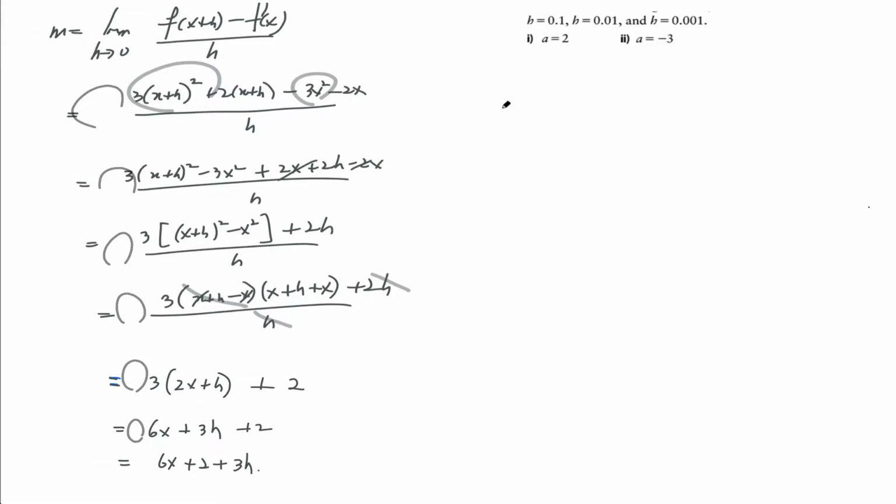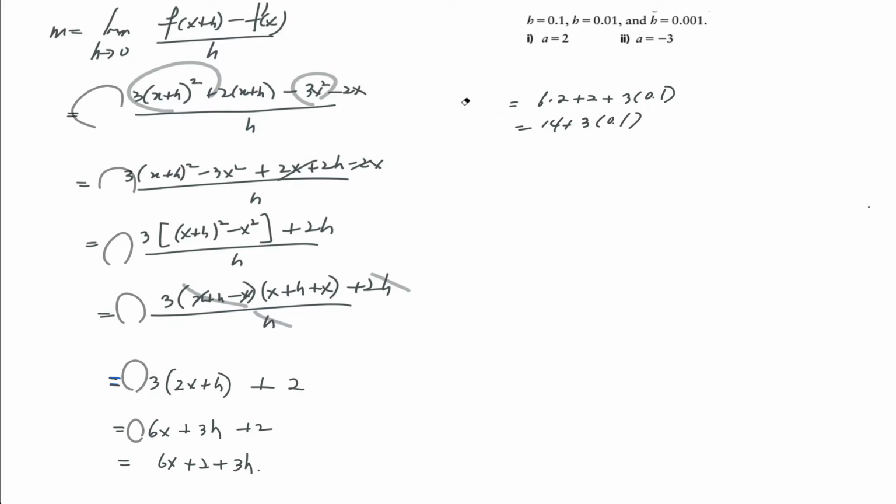Using this, we can actually estimate the slope at a equals 2, which means replace the x with 2. 6 times 2 plus 2, and then just replacing the h with these values. So 3 times 0.1. Right, this is 12 plus 2, so it's 14 plus 3 times 0.1.